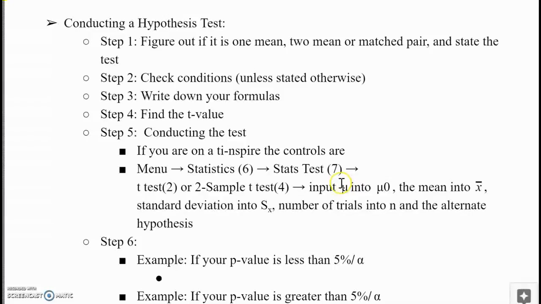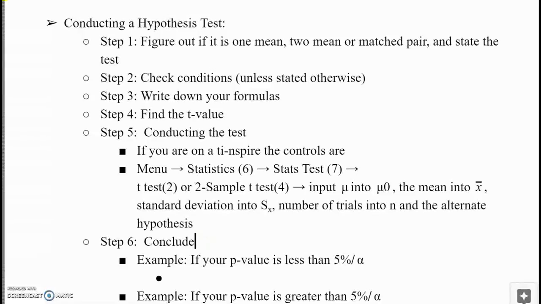Whatever mean you have, you put your mu value into mu0, the mean of your sample into x bar, your standard deviation into s of x, the number of trials into n, and your alternate hypothesis. It generally wouldn't ask you for your degrees of freedom, so you just have to input the number of trials. And then finally for step 6, you have to conclude.